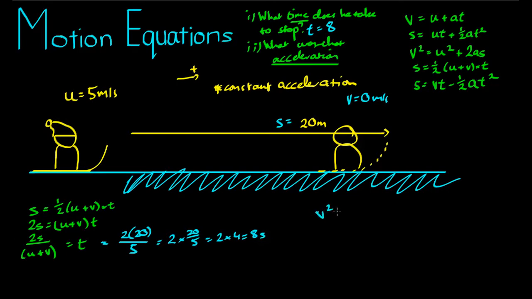So v squared is equal to u squared plus 2as. So v squared take away u squared all over 2s is equal to a. Just skipping the intermediate step there.